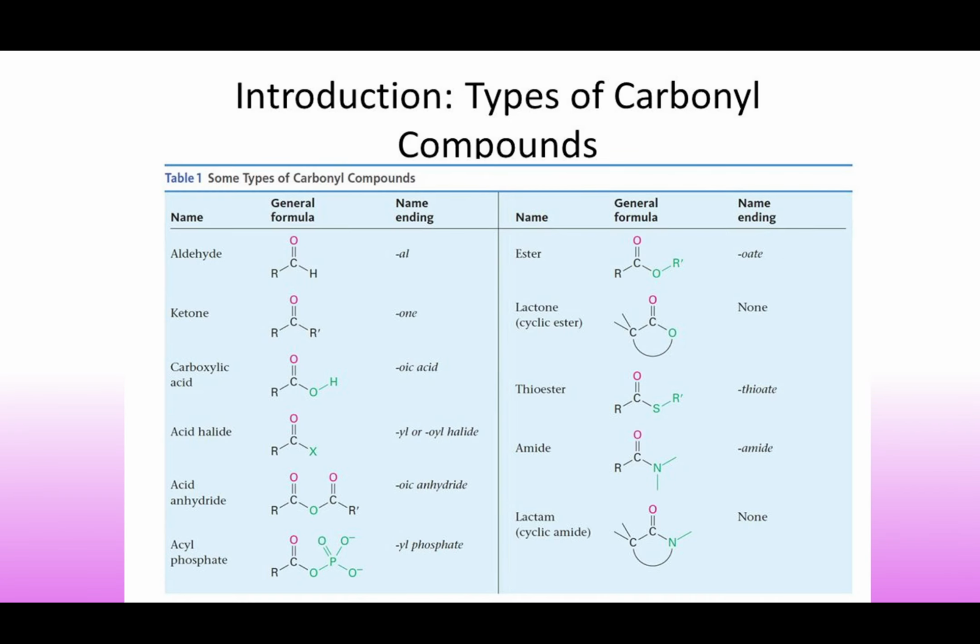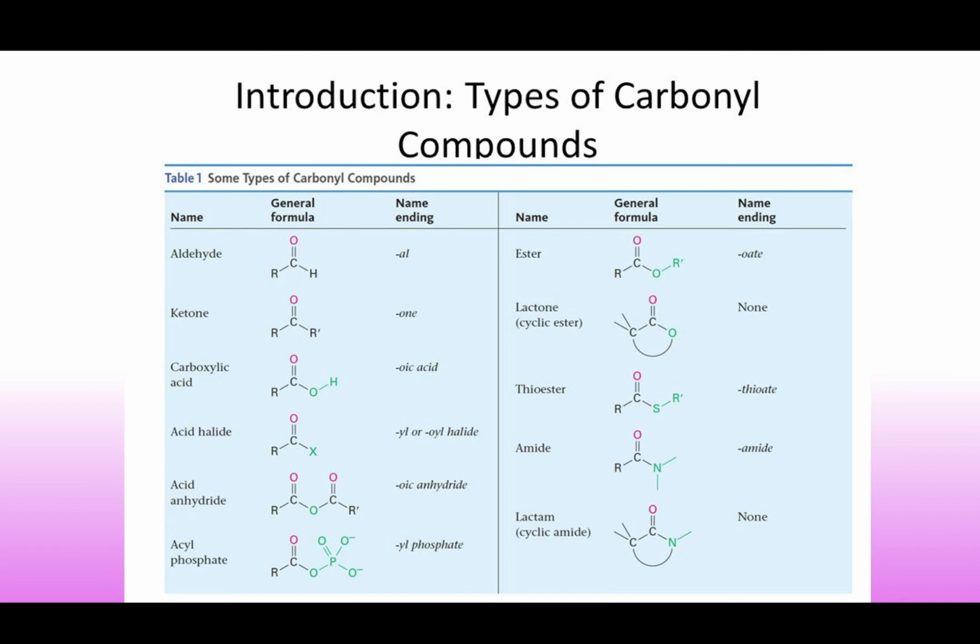So here are different types of carbonyl compounds that we may or may not have encountered. Aldehydes and ketones are what is going to be exemplified within this entire PowerPoint as our carbonyl compounds. Aldehydes and in -al, ketones and in -one. We have carboxylic acids, which are also carbonyl compounds. Acid halides. We're going to be looking at the reactions of acid halides, right?